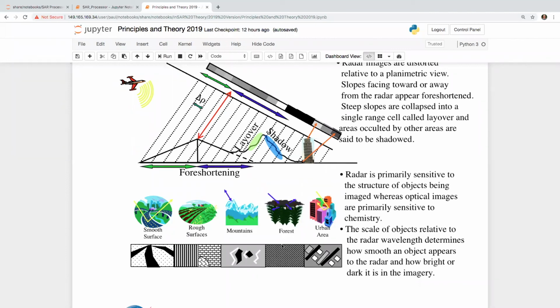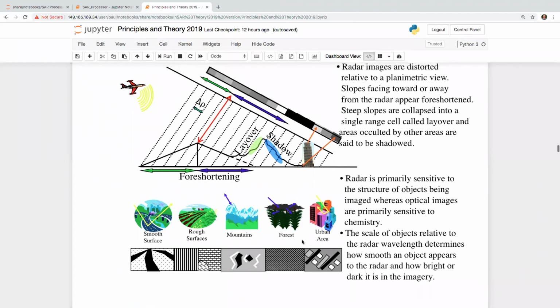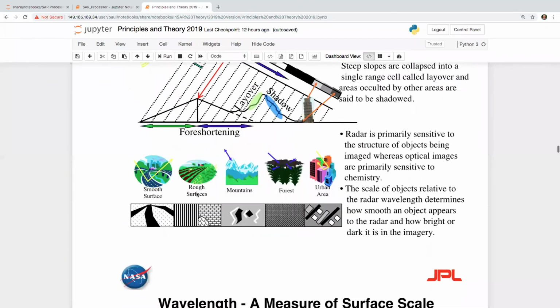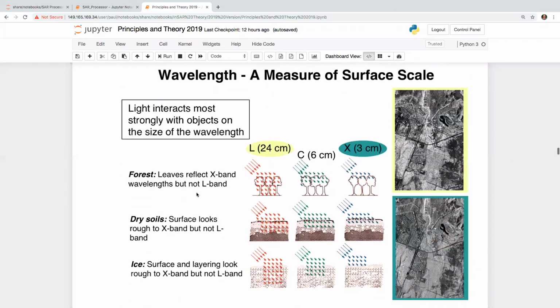So when it comes to looking at a radar image, there's all kinds of factors in it that are related to the topography and what's actually on the ground. And the wavelength that you choose will determine, again, what you see, because something that's rough at one wavelength may not be rough at a different wavelength.